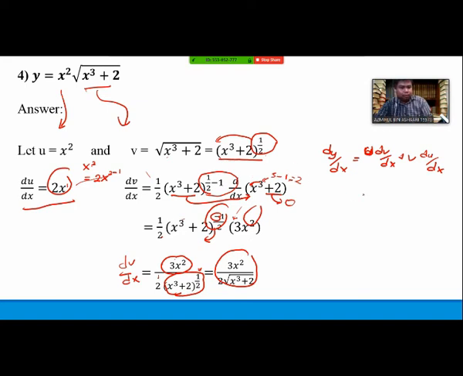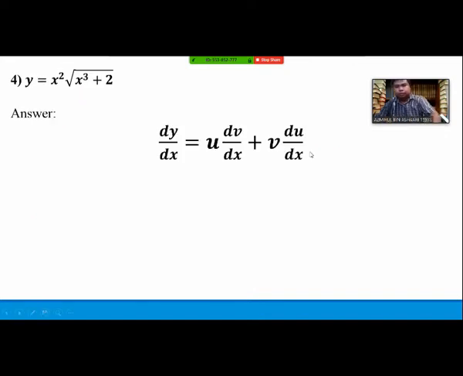Or you can simplify it in the form of uv prime plus vu prime. This is what happened. Dy per dx equals u dv per dx plus v du per dx. Or you can say that u v prime plus v u prime.